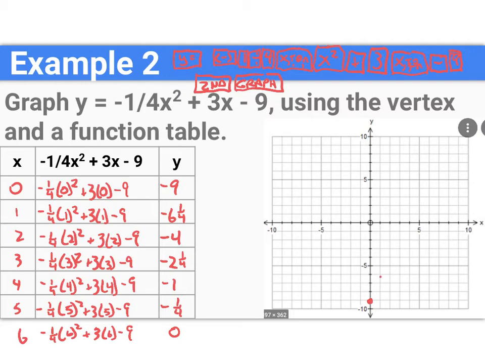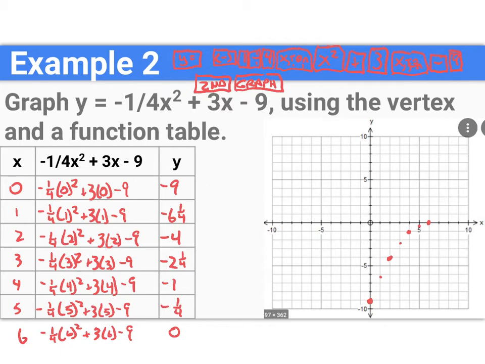So it's about somewhere right there. 2 is at -4. 3 is at -2 1/4, which is below 2, probably like right there. 4 is at -1. 5 is at -1/4, and 6 is at 0, and then 7 is at -1/4.